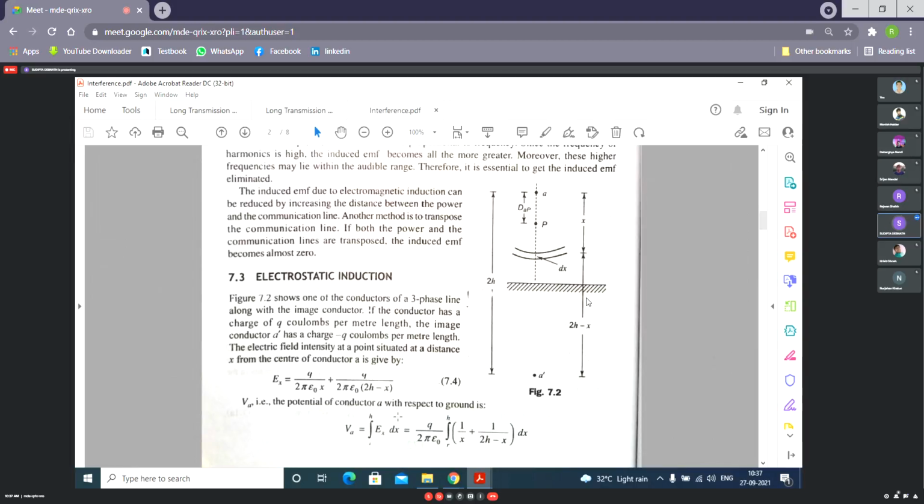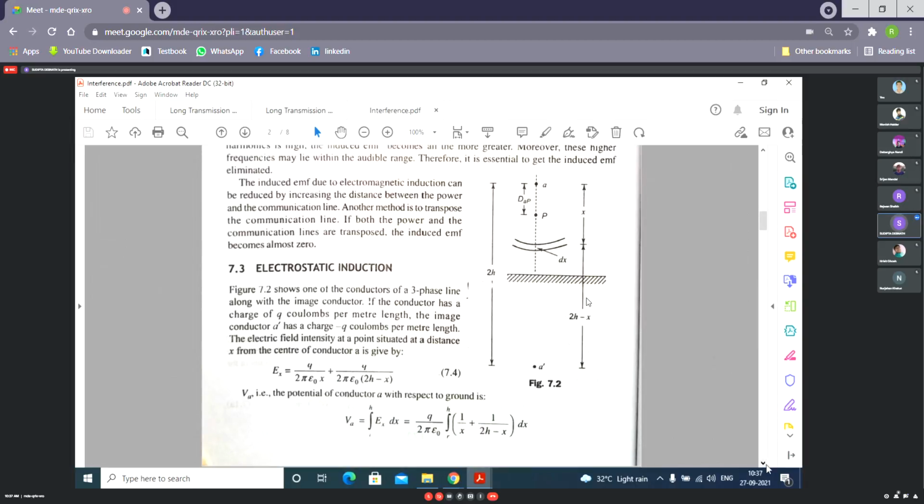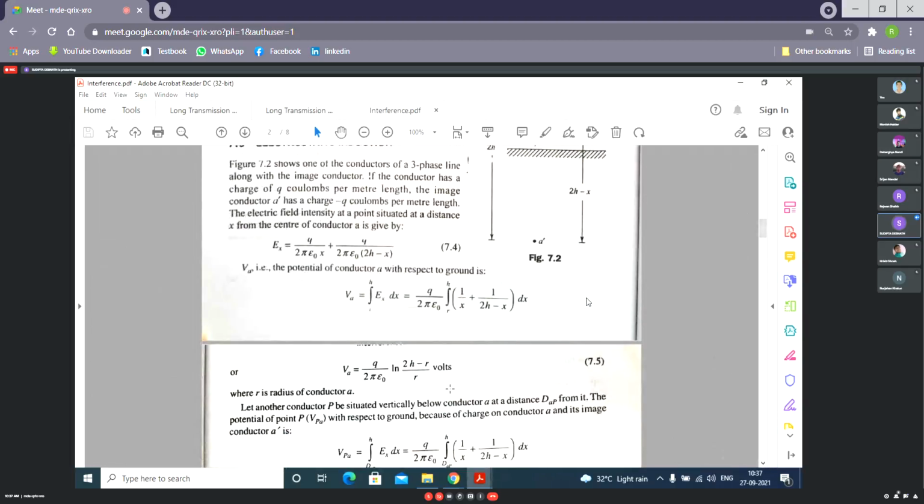So X is actually this point, so it is the integration of this EX from R to H. So EX is this one, so you integrate this one, you will get this value. So what is this? It is the potential of conductor A with respect to the ground, where H is the height of the conductor from the ground.